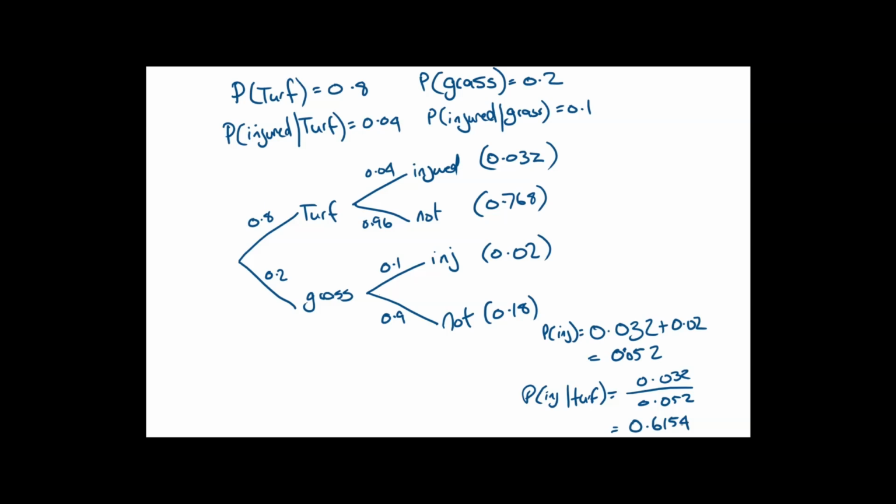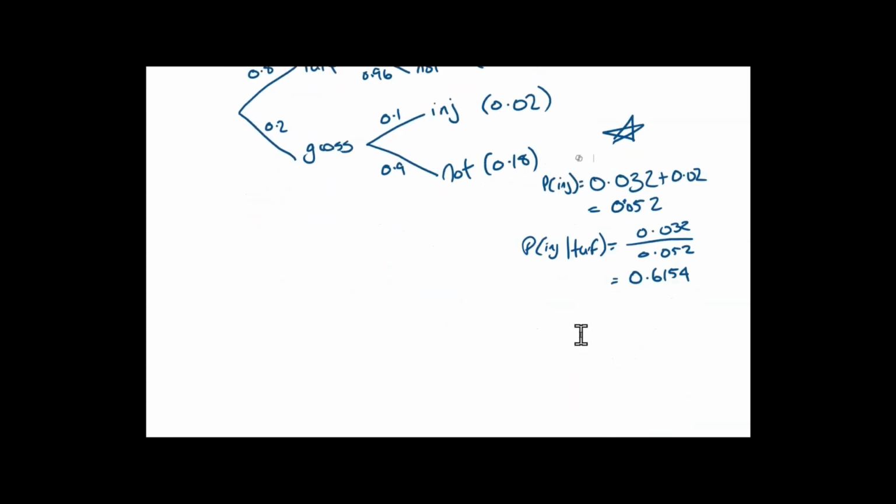Okay, that's one way of doing this. This would be the brute force way of doing it by intuition. Let's do it though using Bayes' formula. The probability that someone is injured, we've already worked it out, is 0.052.